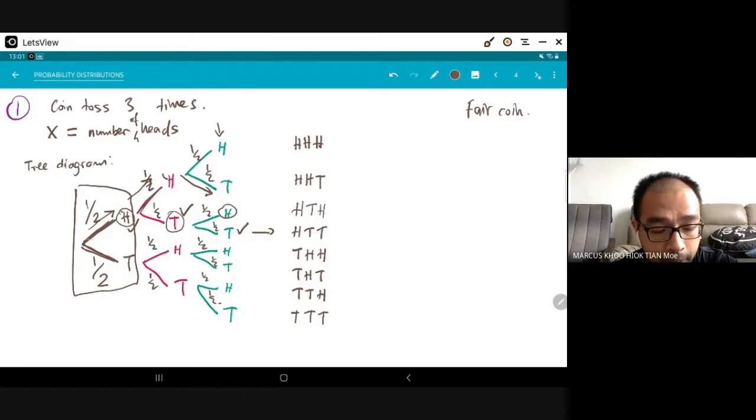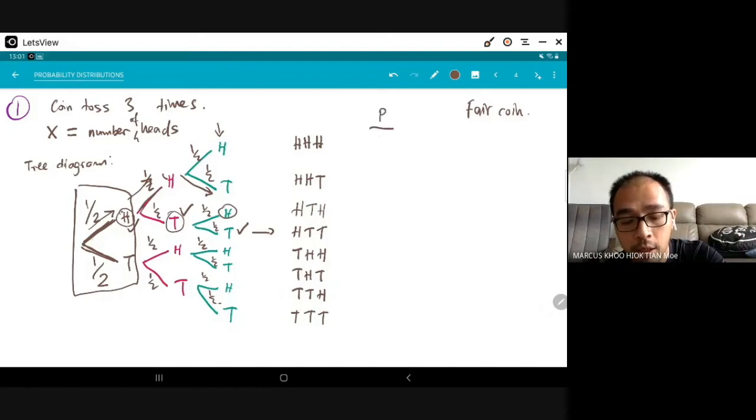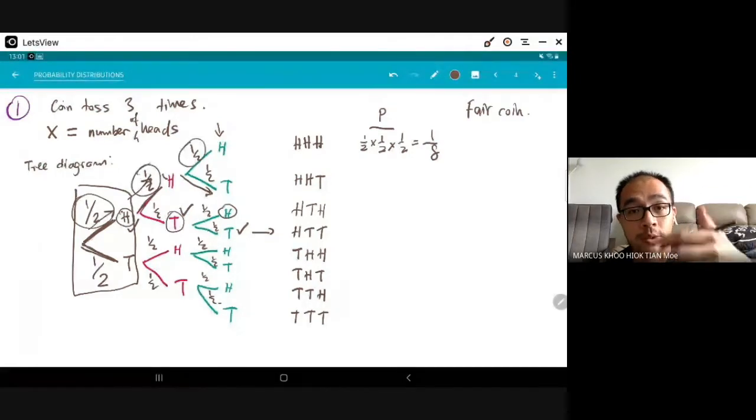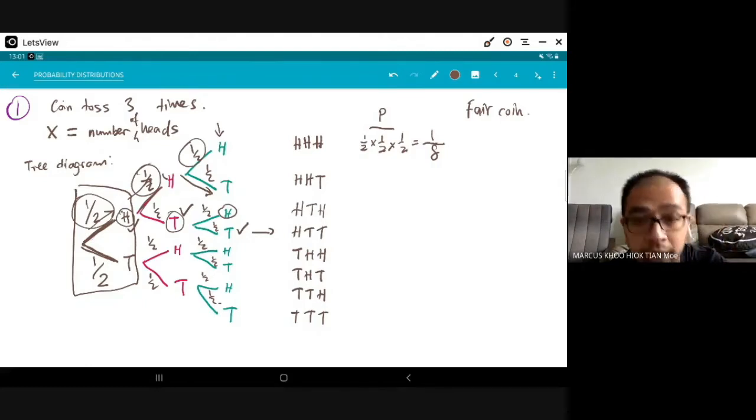What is the probability of head and head and head? 3 heads. So the probability, I'm going to write the probability here. 1/2 times 1/2 times 1/2, which will give me 1/8. Although you have already learned this in the other maths, I'm doing this very slowly just to make sure that you refresh this.